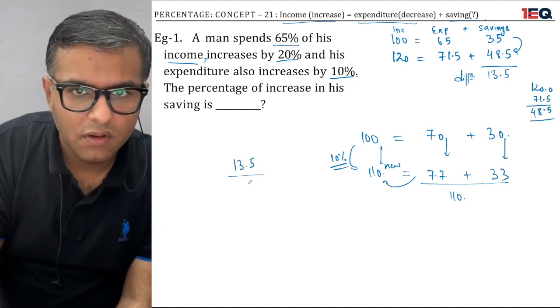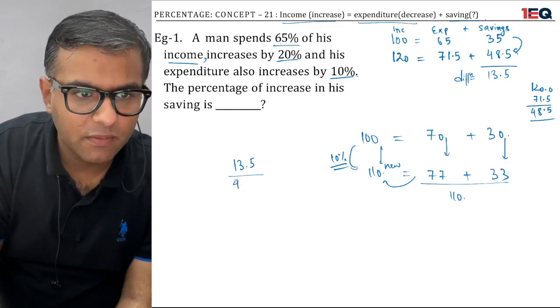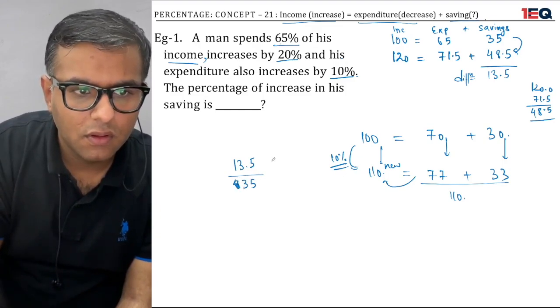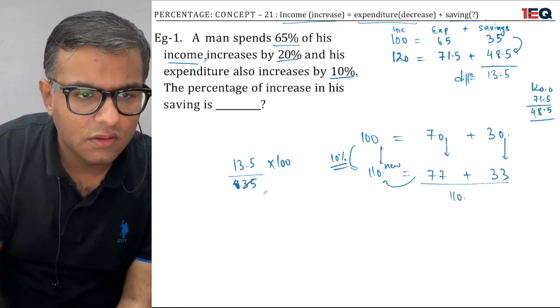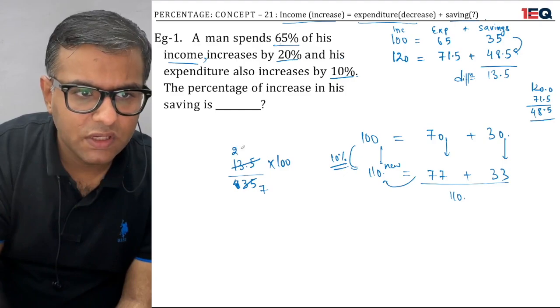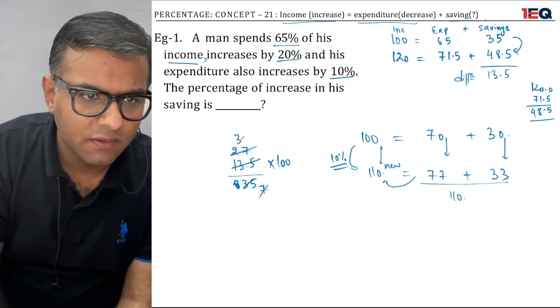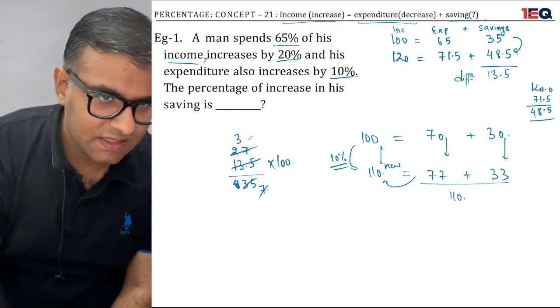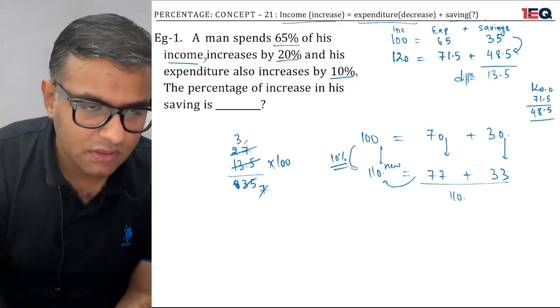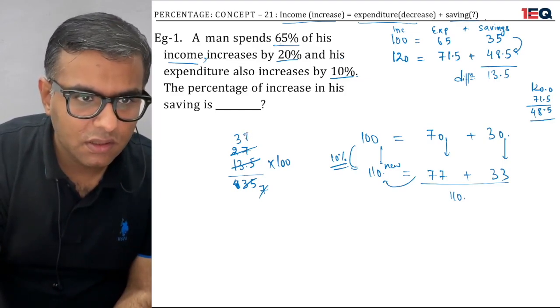Now 13.5 divided by 35 multiplied by 100. 5 sevens are 35, 5 twos are 10, and 5 sevens are 35. 7 threes are 21. There's another 6 coming into the picture. 7 eights are 56.